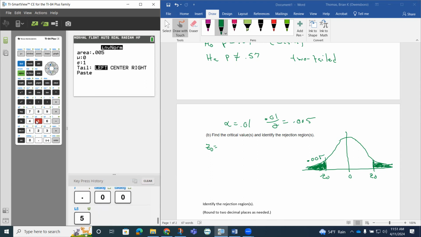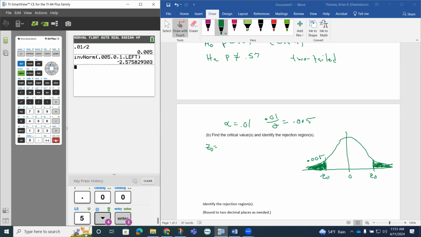And since we're doing standard normal distribution, the mean and the standard deviation are standardized, 0 and 1. Left tail, that looks good. Then our test statistic, if we go 2 decimal places, is negative 2.58. And since there are 2, the positive z0 is going to be positive 2.58.